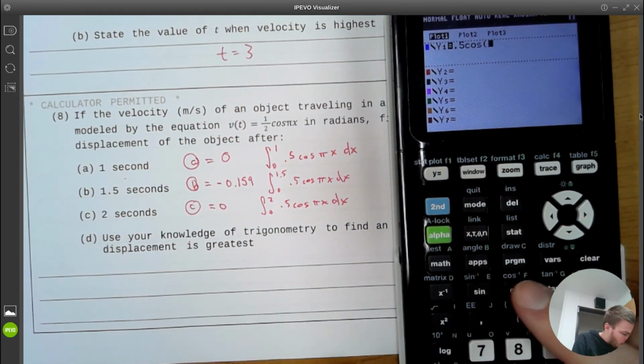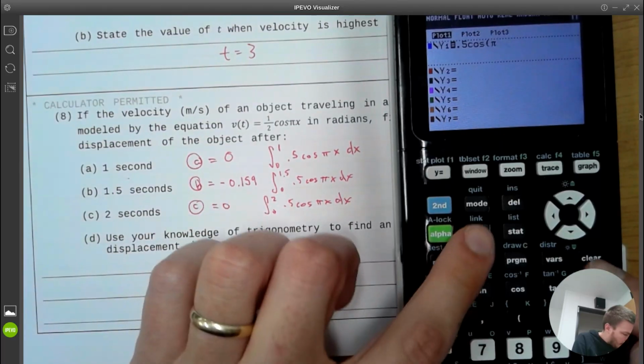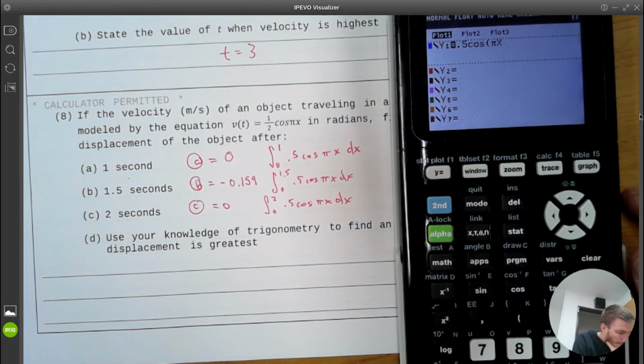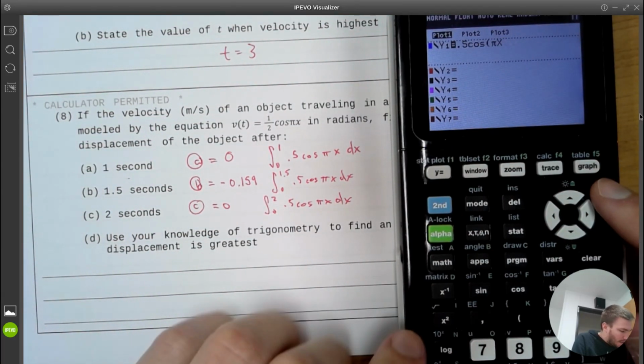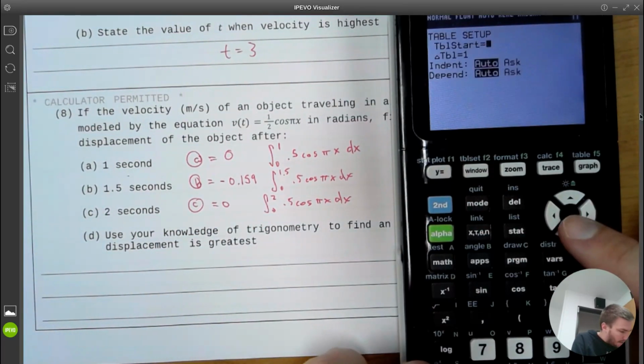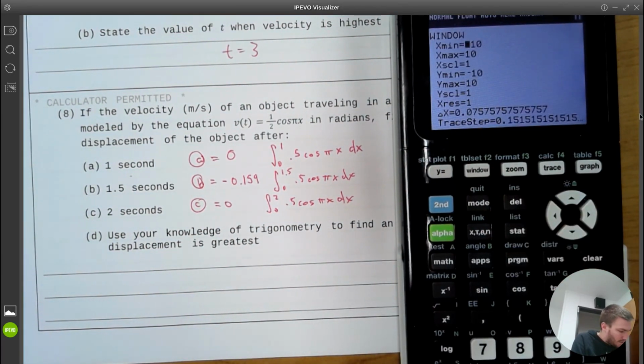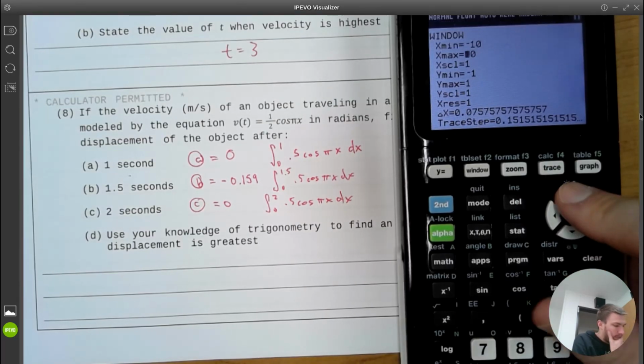0.5 cosine of pi x. Okay, and I'm gonna set up my window. It's 0.5 cosine, so I'm gonna say that my y minimum is negative 1, maximum is 1.